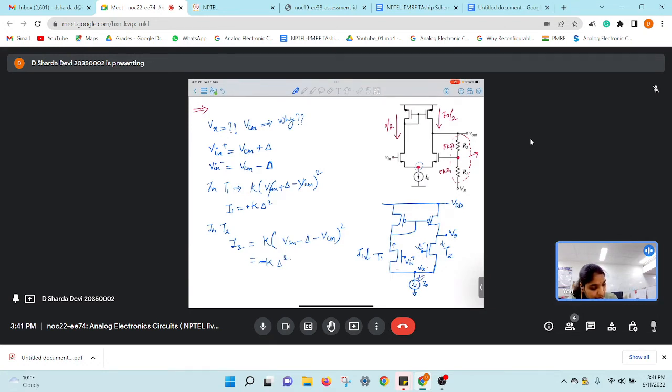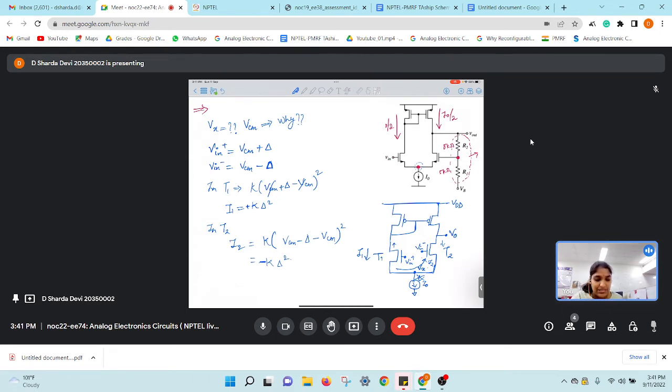This is not allowed. This I1 should transit to this branch, so that the excess current is managed in the above part only. It should not affect the tail current source. This is clear, right?